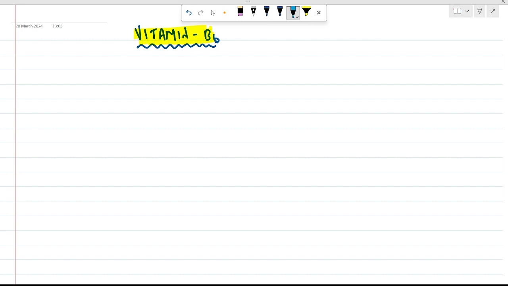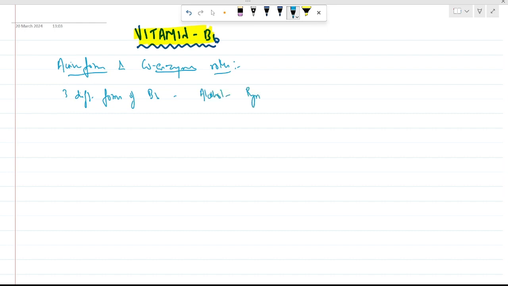First we are going to discuss vitamin B6, its active form and coenzyme roles. So there are three different forms of B6. First is the alcohol form, called pyridoxine.